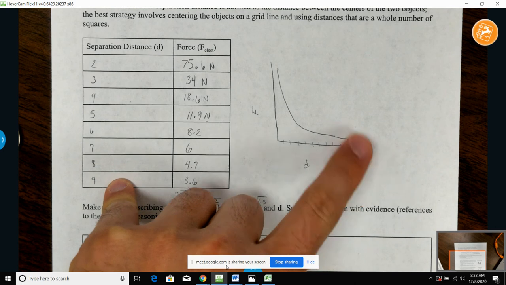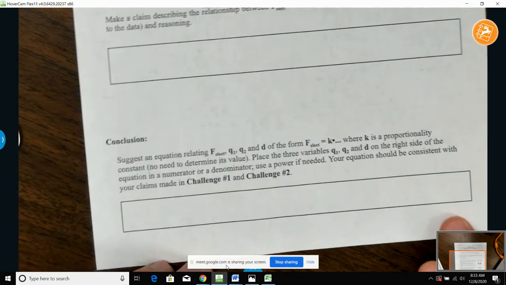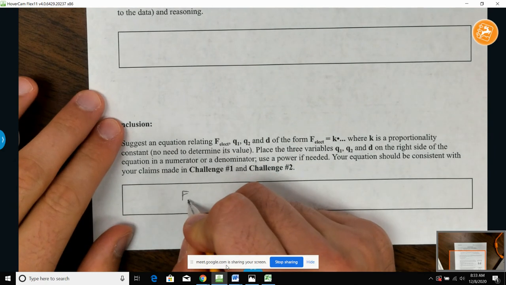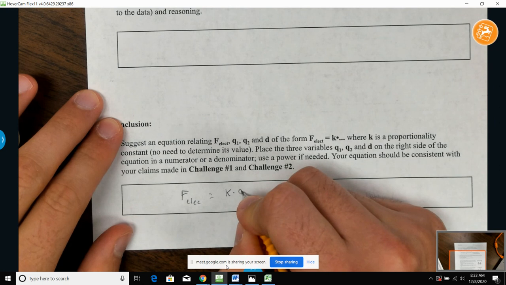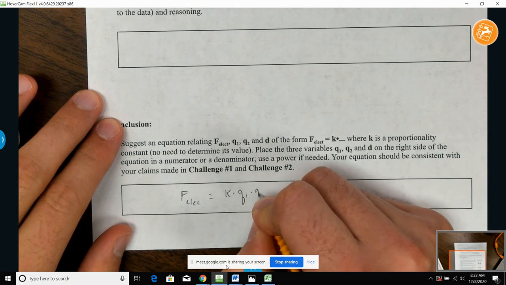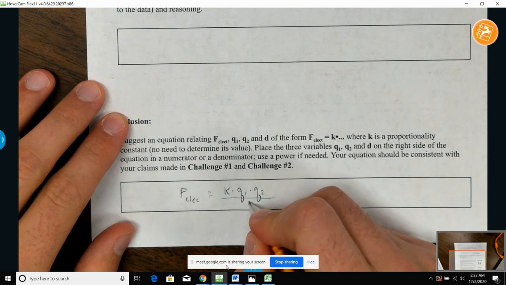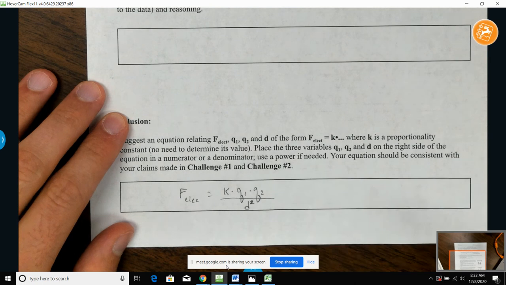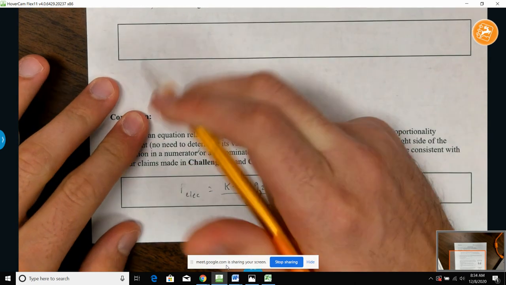So it's an inverse exponential relationship. So the equation that you guys should wind up coming up with is F electric is equal to K times charge Q1 and charge Q2, because they're directly related. And then they're divided by the distance squared. That's an ugly F.